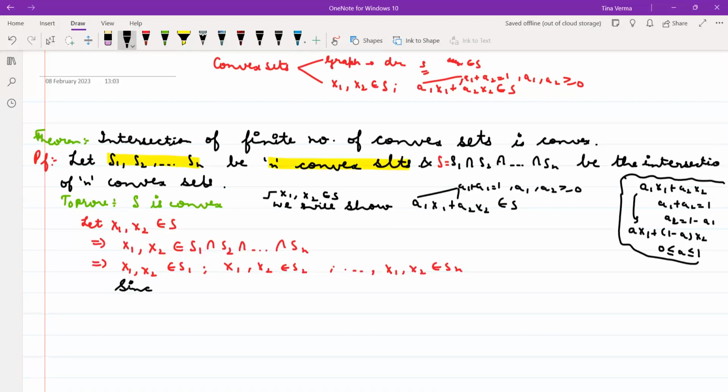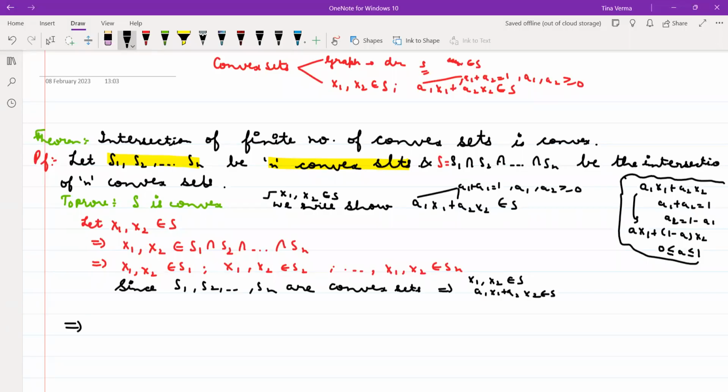Now we are given that S1, S2, ..., Sn are convex sets, so we will apply the definition of a convex set. Since S1, S2 and Sn are convex sets, if I take any two points from a set, their CLC will belong to that set, because the set is convex.